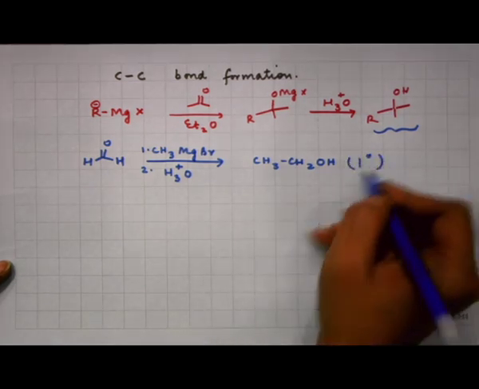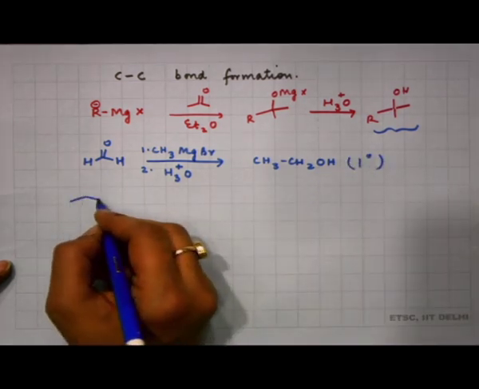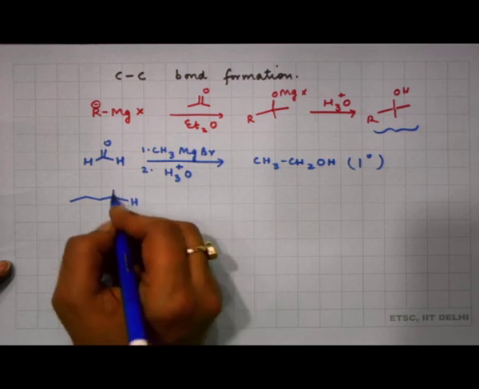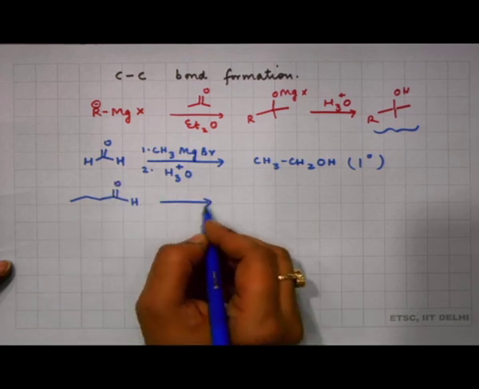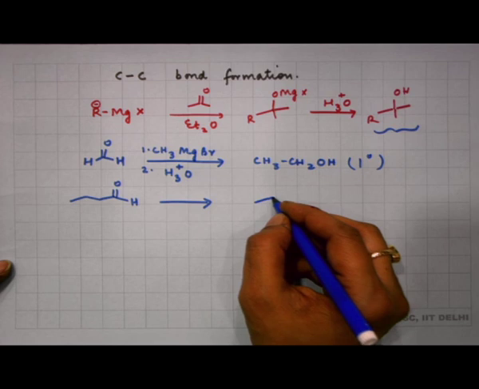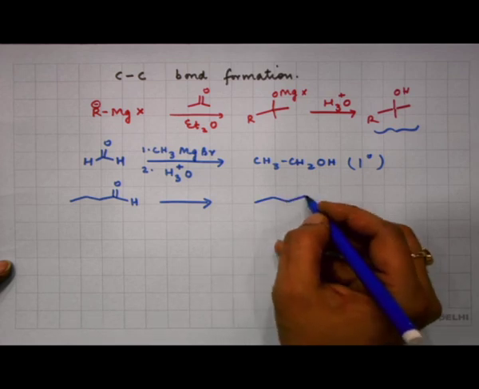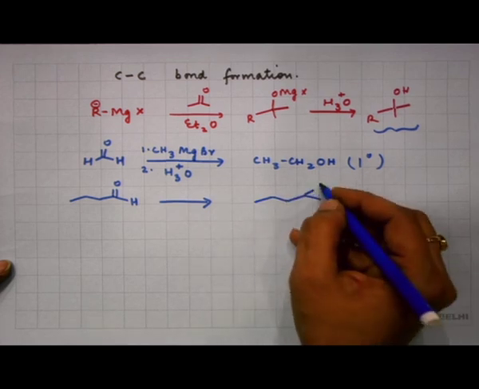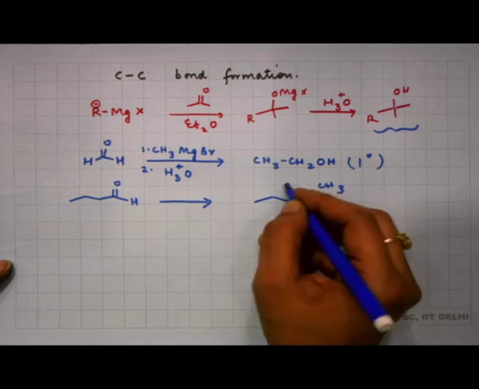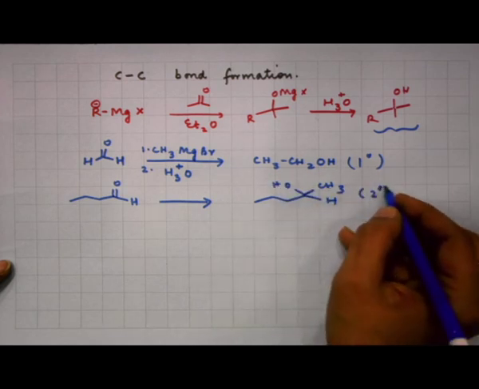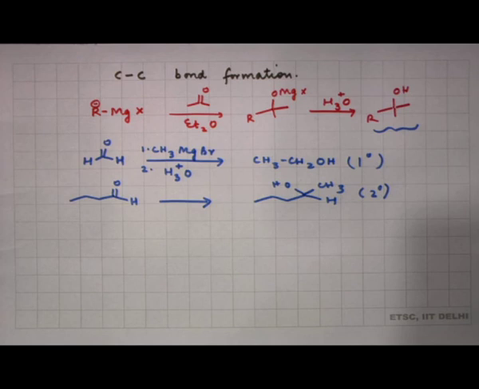If you start with an aldehyde instead of formaldehyde, any other aldehyde, and employ the same conditions with the methyl magnesium bromide, you end up getting an alcohol which is now disubstituted, it is a 2 degree alcohol.